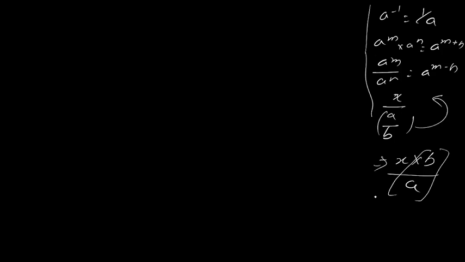Fine. One more thing, x divide by a divide by b, what will it be, if you will bring it up, x multiplied by b divided by a, meaning this will get reversed and it will become in this term.